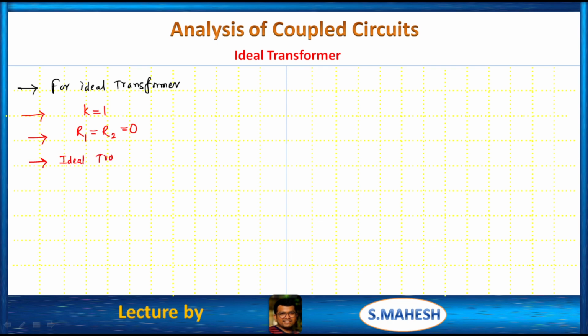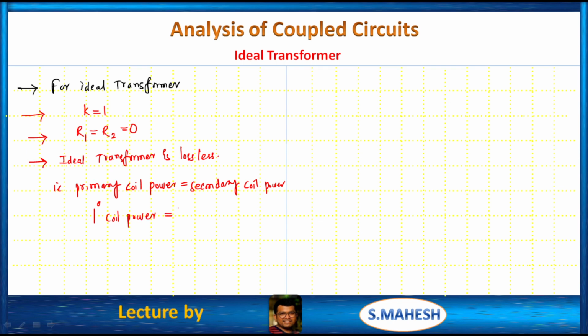Second, an ideal transformer is lossless, that is, the primary coil power is equal to the secondary coil power, right?